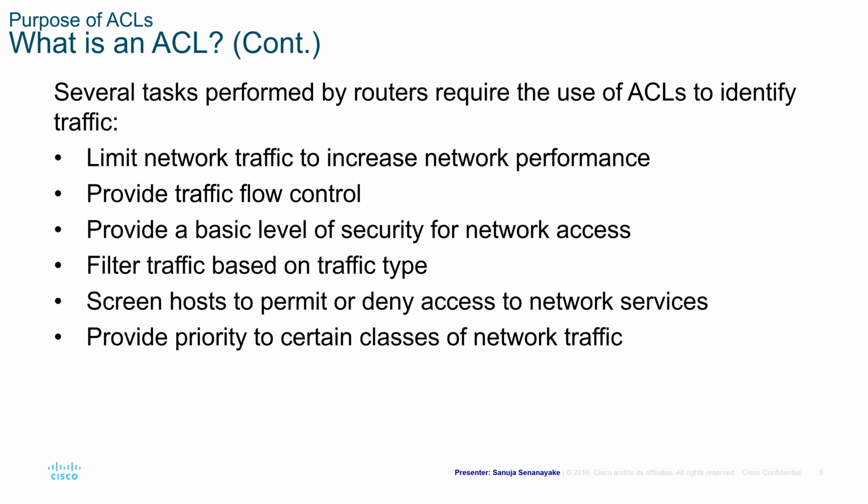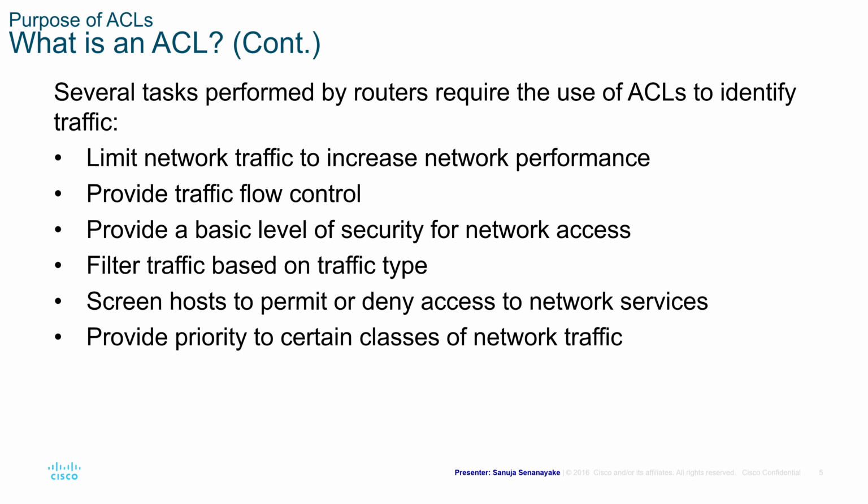So if you have a network that has performance issues, you can use ACLs to limit network traffic to increase performance so that you won't have poor performance issues. You can also use ACLs to provide traffic flow control, which is similar to network traffic performance control.